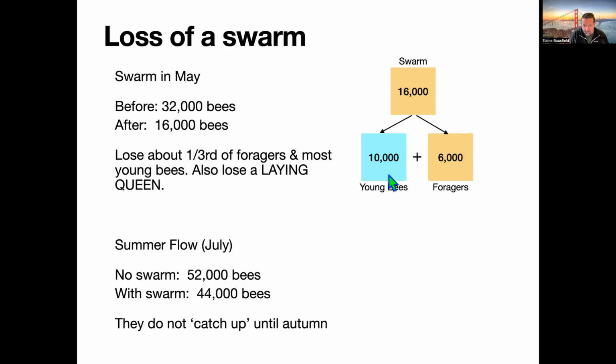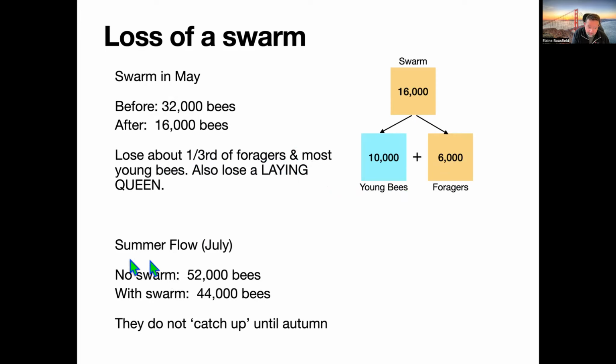A large number of them are the younger bees because they're the ones that are going to quickly build wax and make a new home for the swarm. So you're losing about a third of your foragers. Is that right? I don't know. Yeah. Well, you're losing some foragers for sure, and you're losing a laying queen.